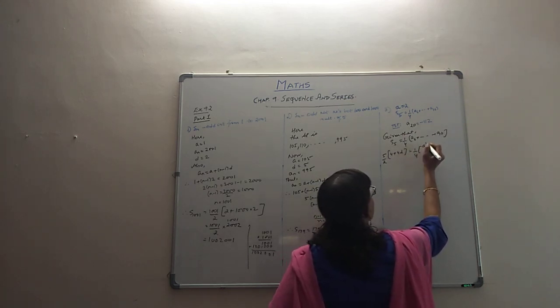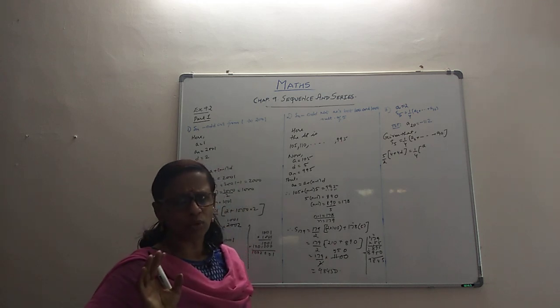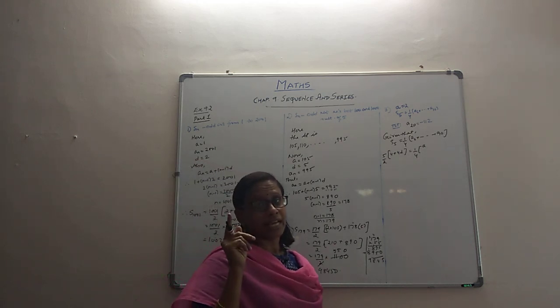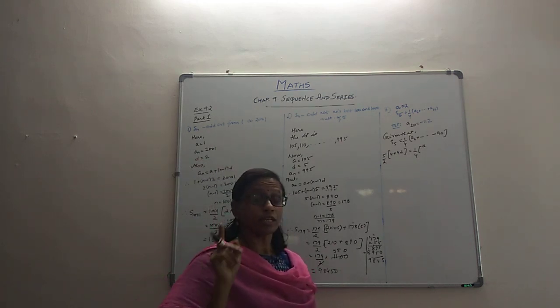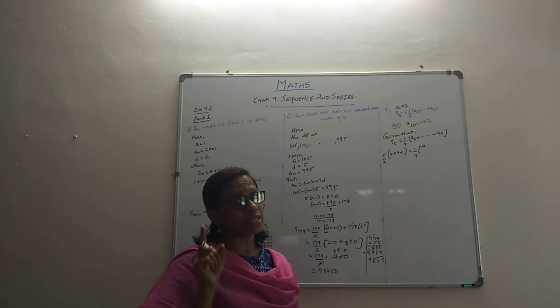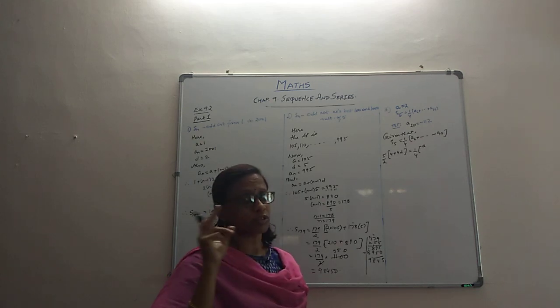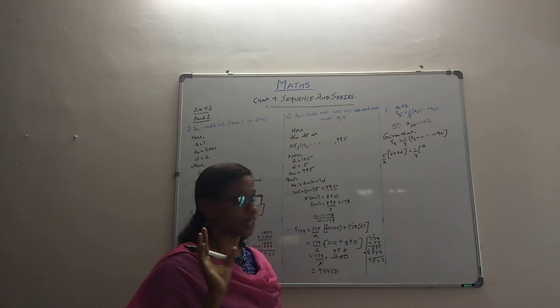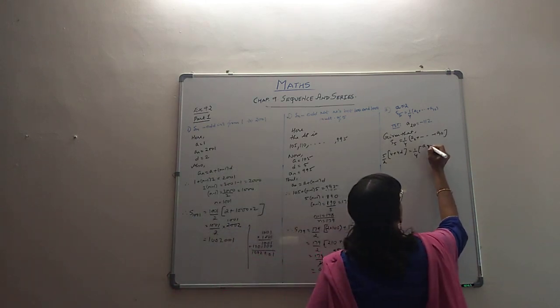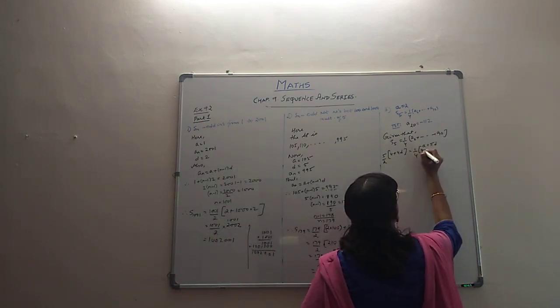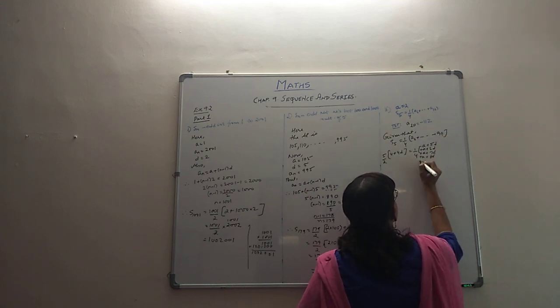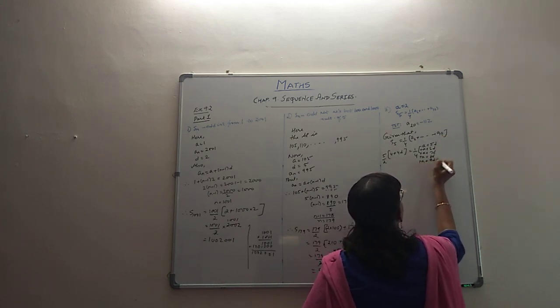A6 and all we don't know much, but we know by formula that an is a plus n minus 1 d. So A6 is going to be a plus 5d, A7 is going to be a plus 6d, and so on. So we are going to write a plus 5d, then a plus 6d, then a plus 7d, then a plus 8d. Finally, the 10th term, it's going to be a plus 9d.